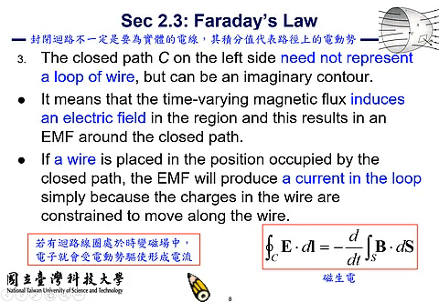So it means that the time-varying magnetic flux induces an electrical field in this region, and the collection of the magnetic flux shall provide the electromotive force around this closed path. All right. So even though you don't have a physical wire in place in this region, the potential.